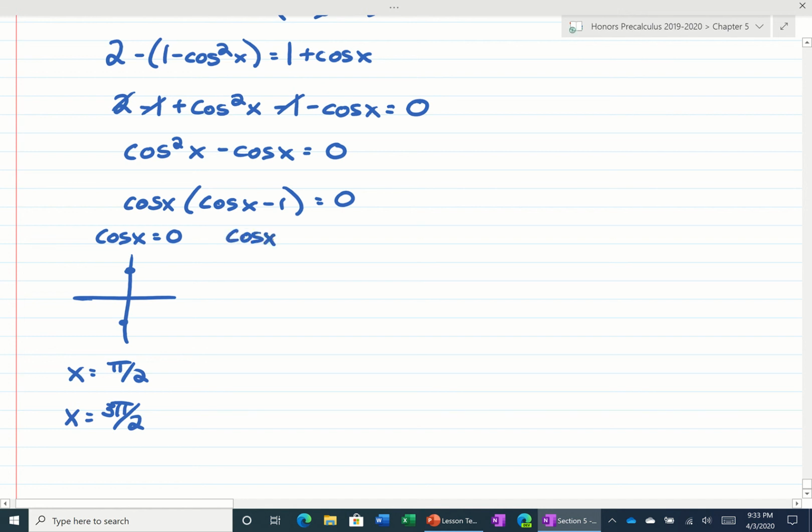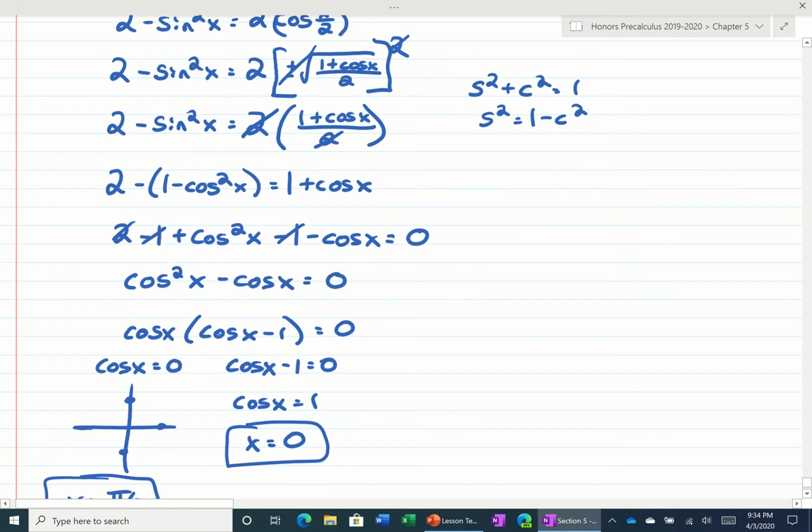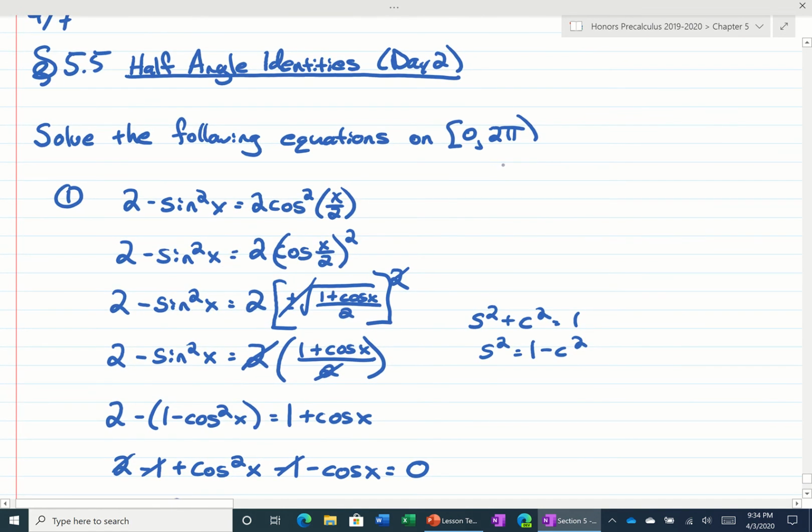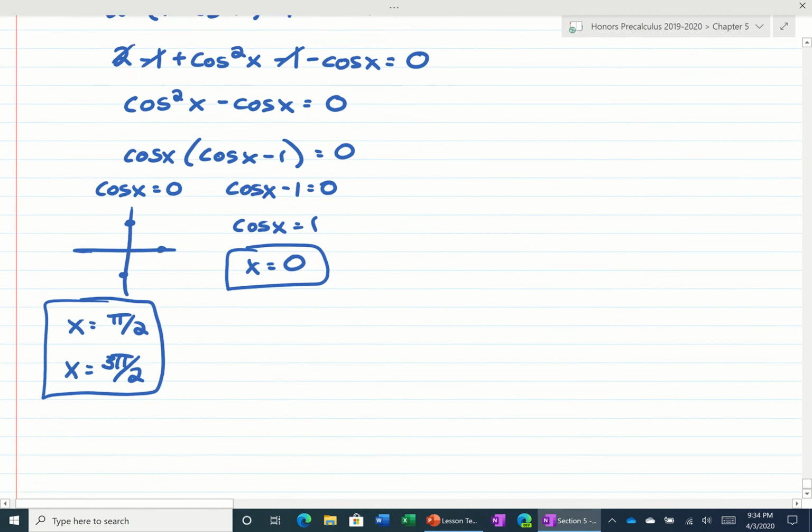When would cosine of x minus 1 equal 0, which is asking us when is cosine 1. That would happen right here, when x would be 0 or 2 pi. So these are the 3 answers. We're not going to write 2 pi because in our interval we are not including 2 pi. If we were, it'd be a bracket, not a parenthesis.